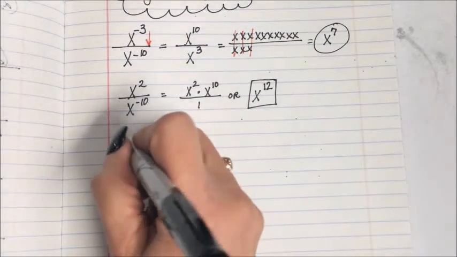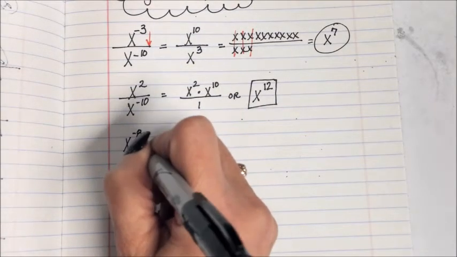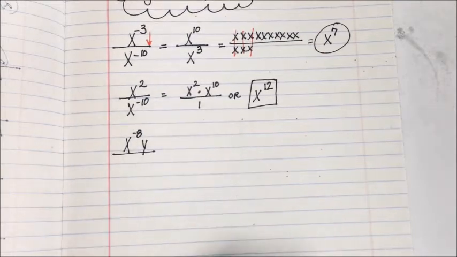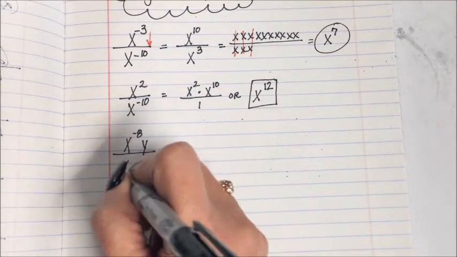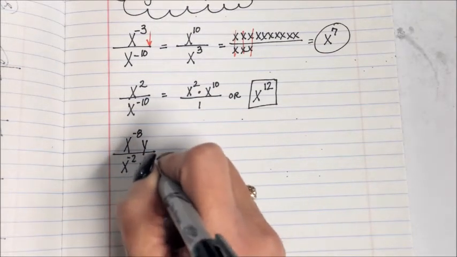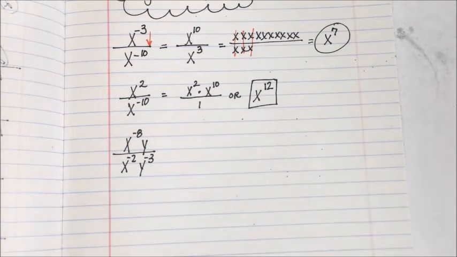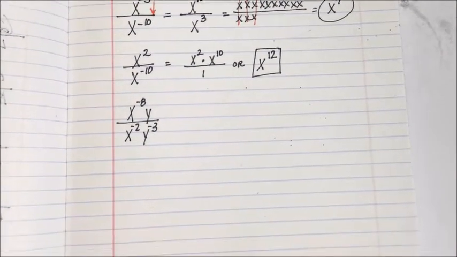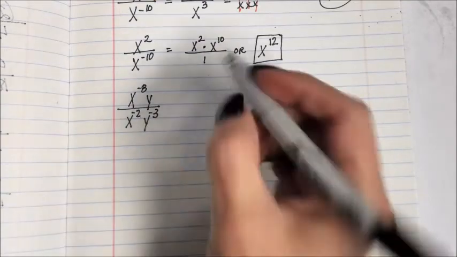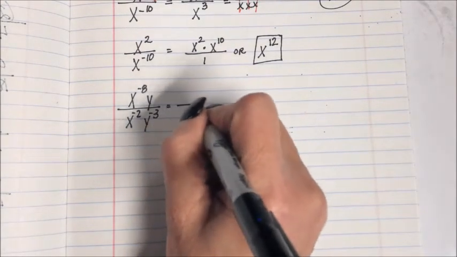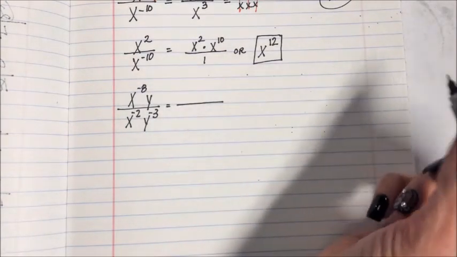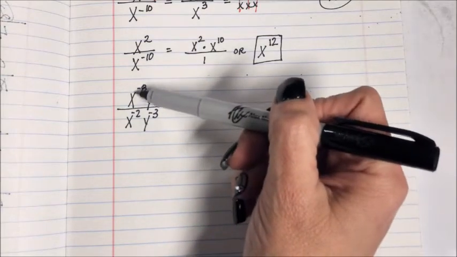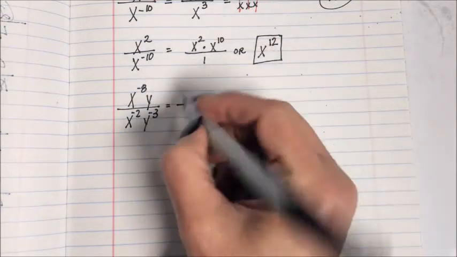All right, so let's try another one. Let's try this: x to the negative 8 y over x to the negative 2 y to the negative 3. All right, so remember, the negative exponent is just the bratty little kid running around saying, look at me, I'm in the wrong spot. So this negative 8 needs to move to the bottom.